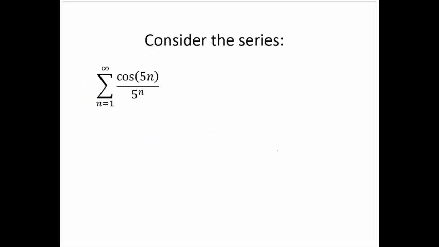All right, so consider the series sigma n equals 1 to infinity of cosine of 5n over 5 to the n. Now, this is not an alternating series. But we know from trigonometry that the cosine of 5n is going to be between -1 and 1, inclusive.